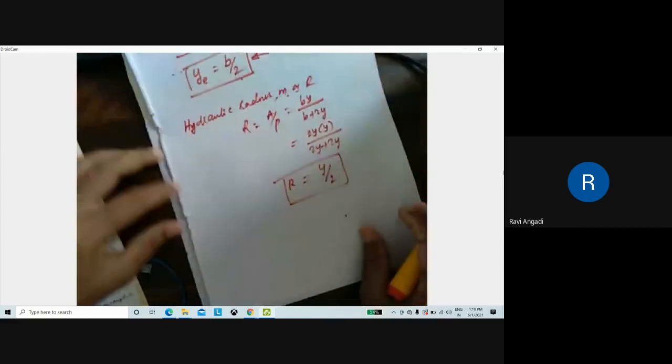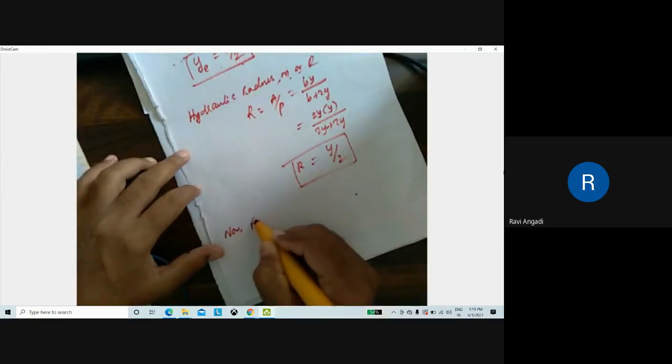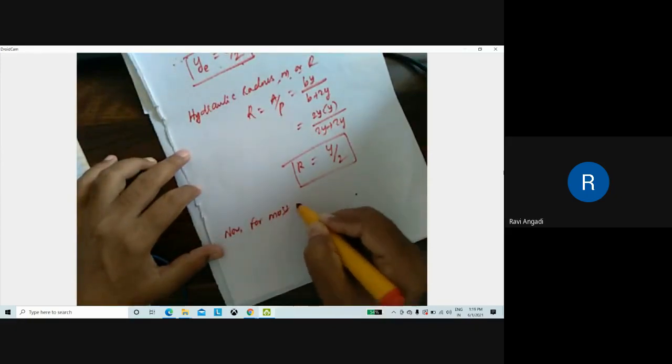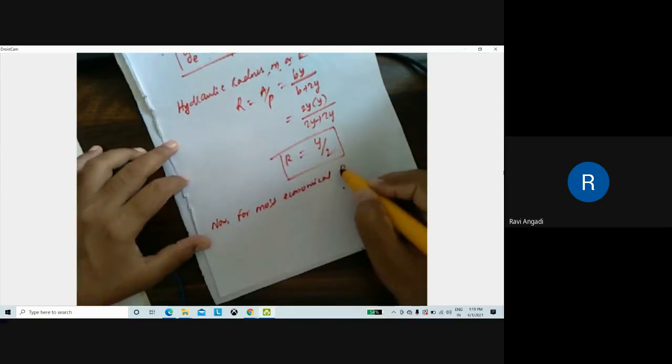Now what are the conditions for the most economical rectangular channel section?